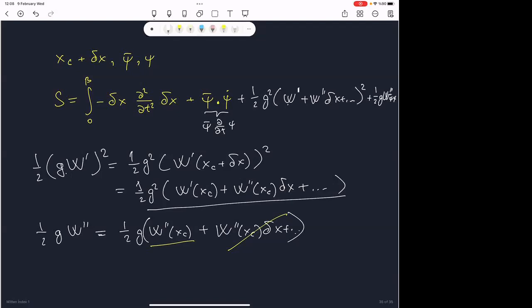Now you can easily see what we'll get from here. We have G squared in front of W double prime squared, and G in front of W double prime here, where we have Grassmann numbers.